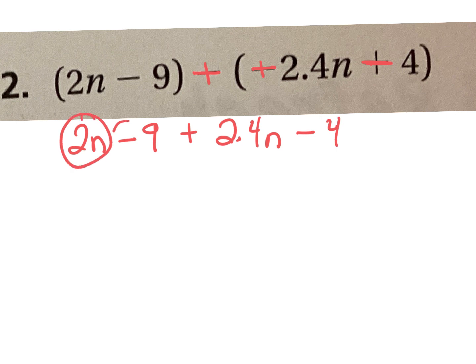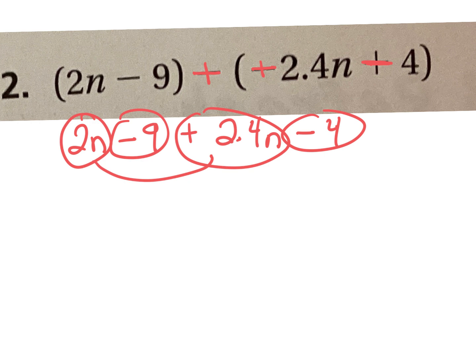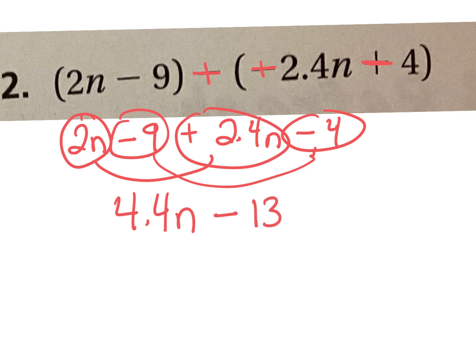And I have a 2n, negative 9, positive 2.4n, and a negative 4. Let's put our n's together. 2n plus 2.4n is 4.4n. And then a negative 9 plus a negative 4 is a negative 13.